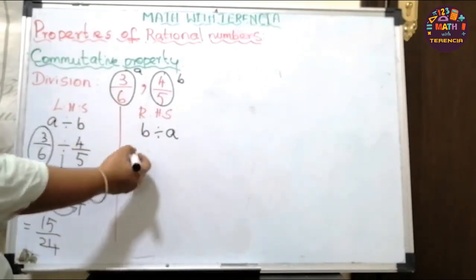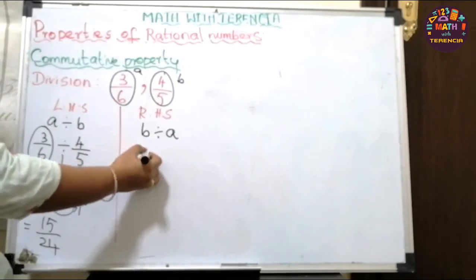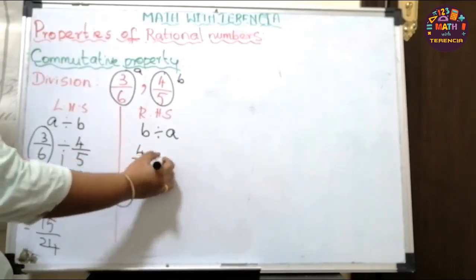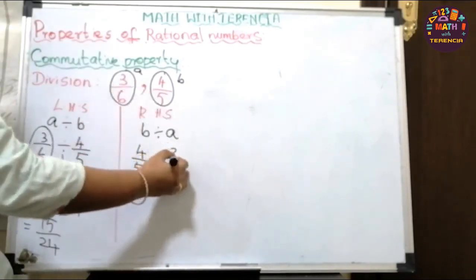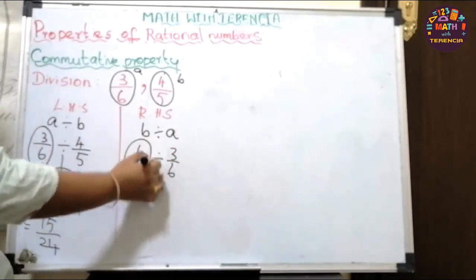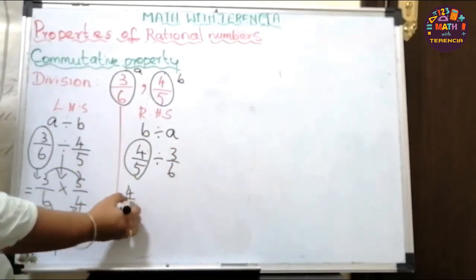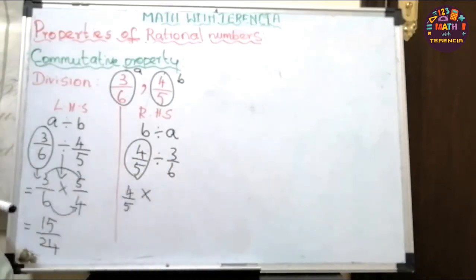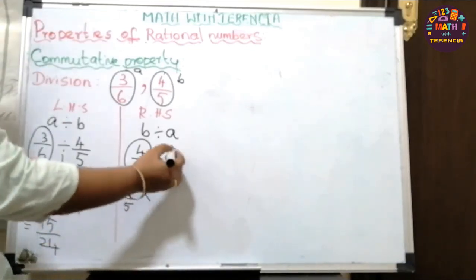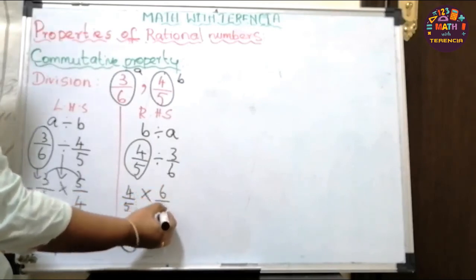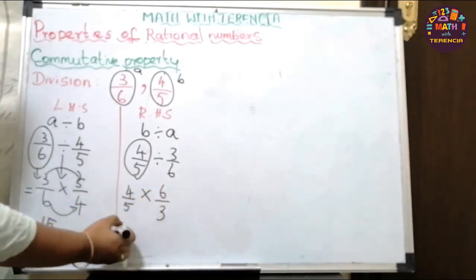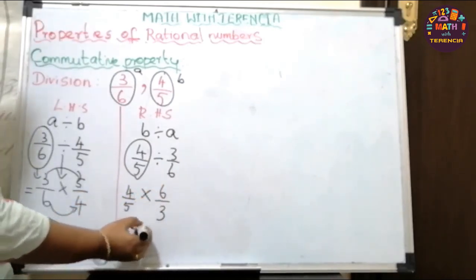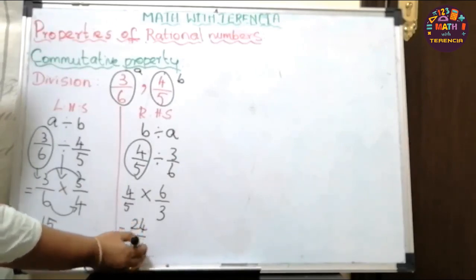So now let's move on to RHS. My B is 4 by 5 divided by 3 by 6. Have the first fraction as it is, 4 by 5. Change division to multiplication and write the reciprocal of the second fraction. Now the answer is 24 by 15.